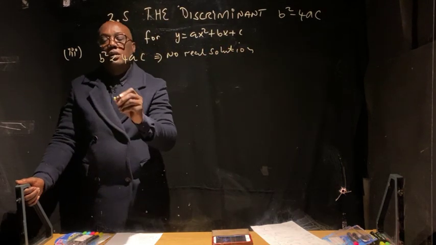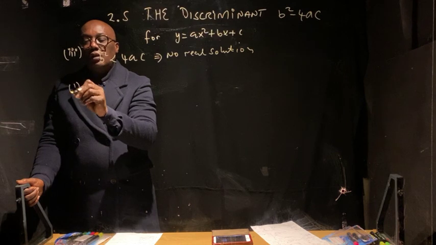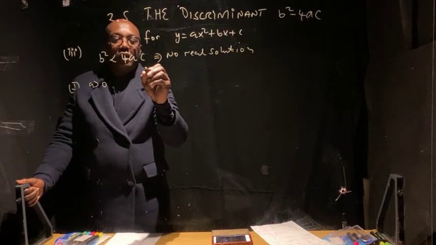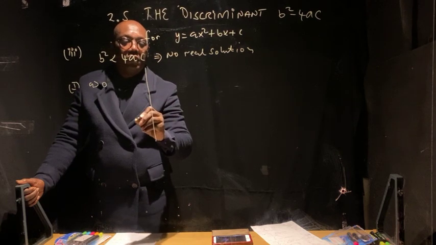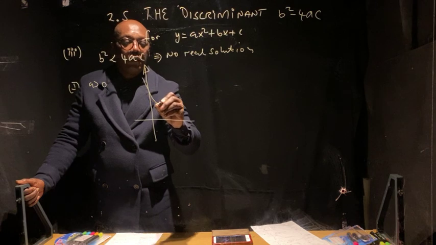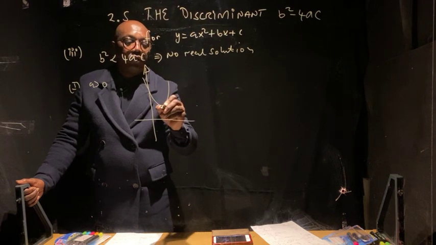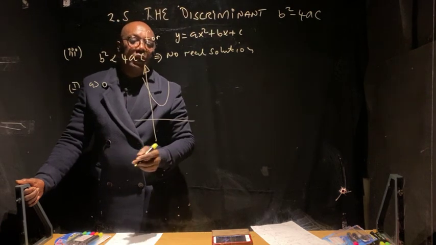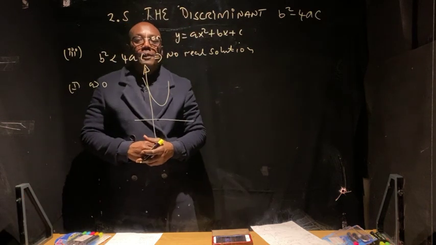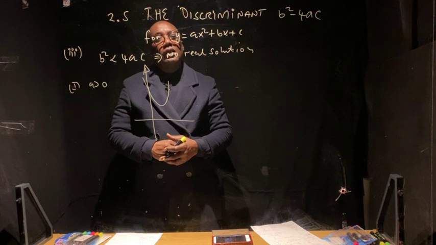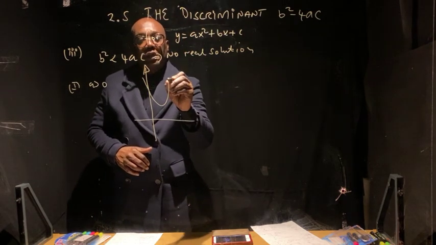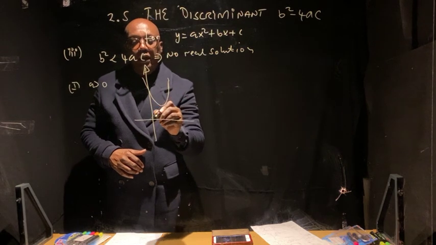In that case, case 1, where a is greater than 0, the curve will look like this. It will not cross the x-axis, meaning there is no value of x for which the equation has a solution. This is how the curve will look like. It will not cross the x-axis.